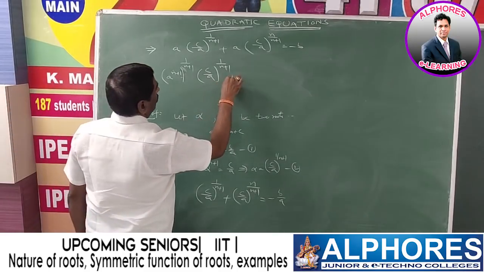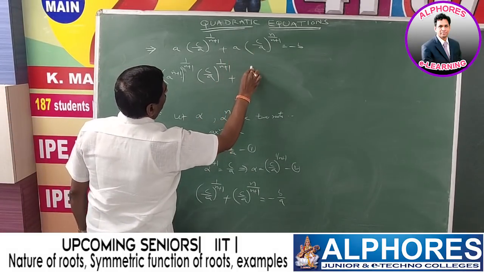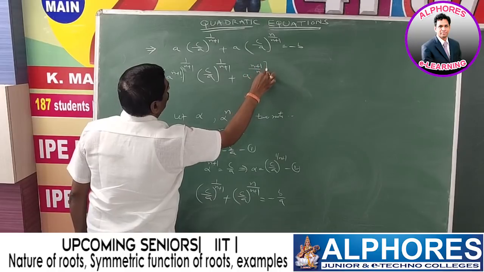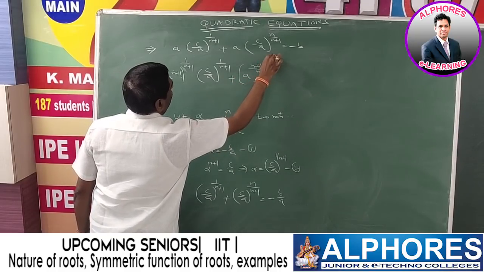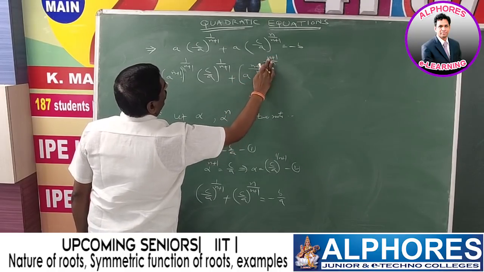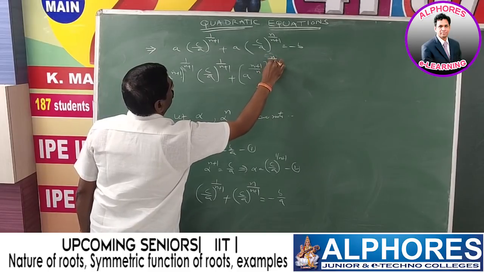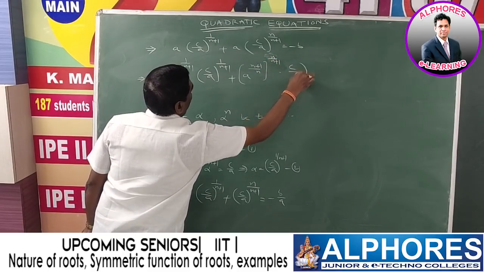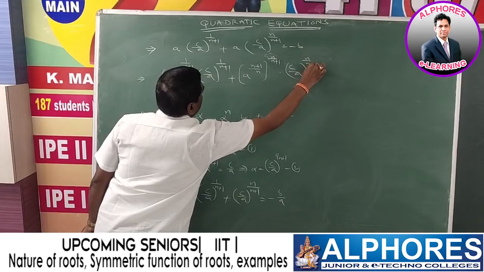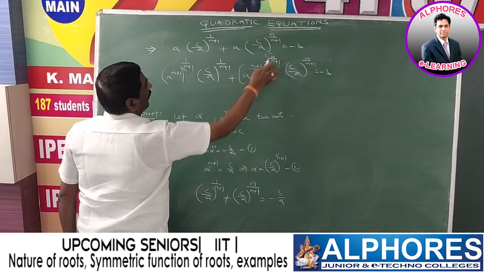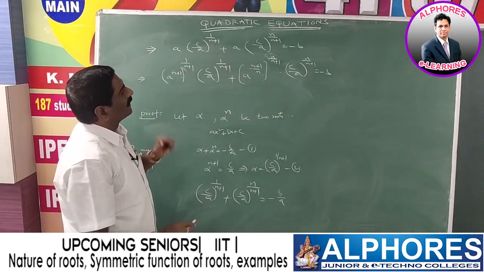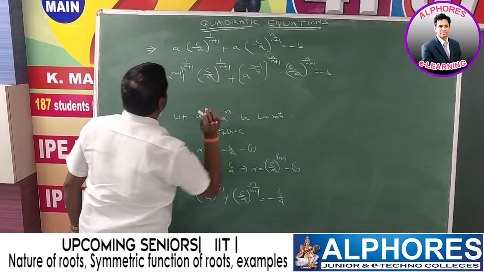Next, in a similar way, a power n plus 1 by n whole power n by n plus 1 into c by a whole power n by n plus 1 is equal to minus b. Here this value is a. In this case, the powers are both the same.